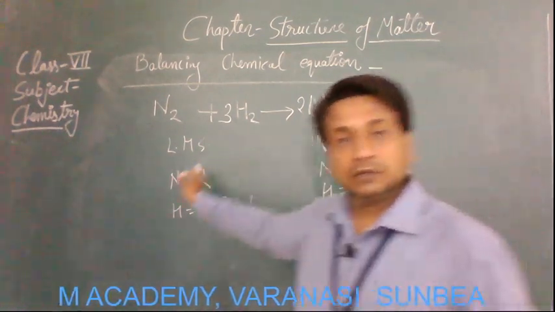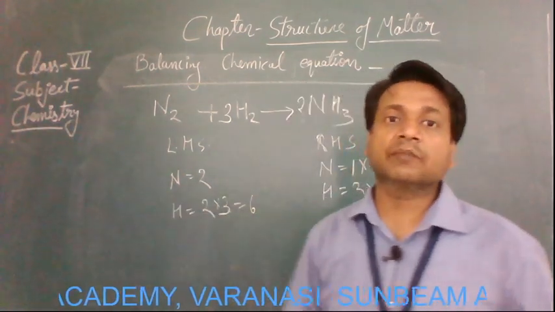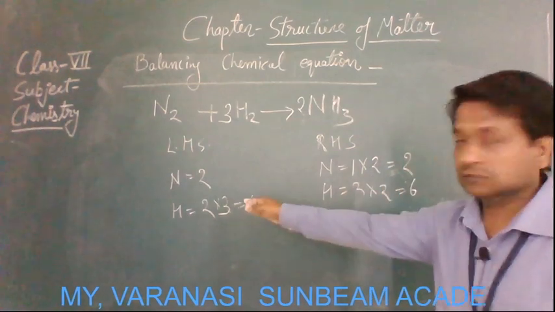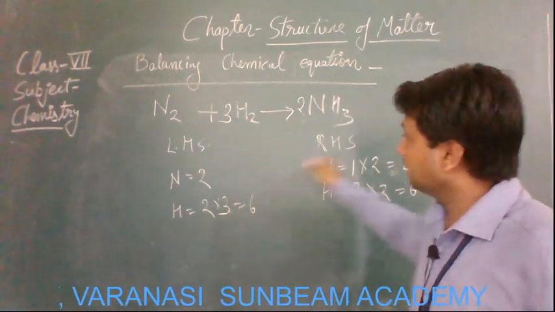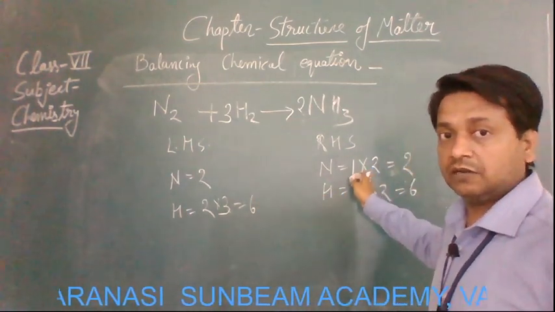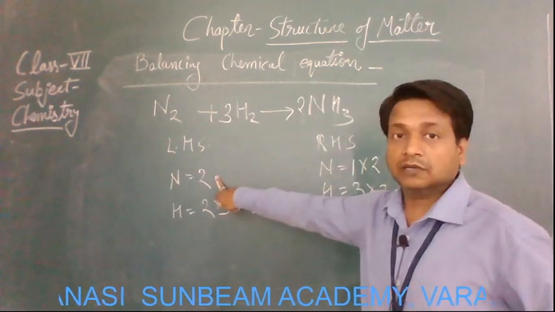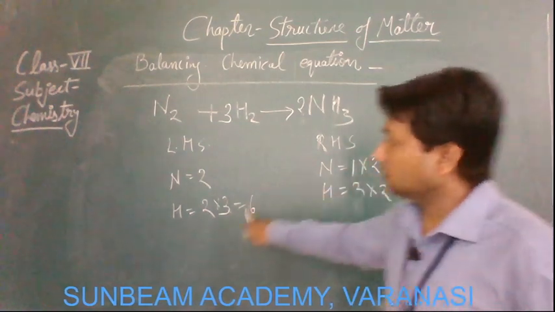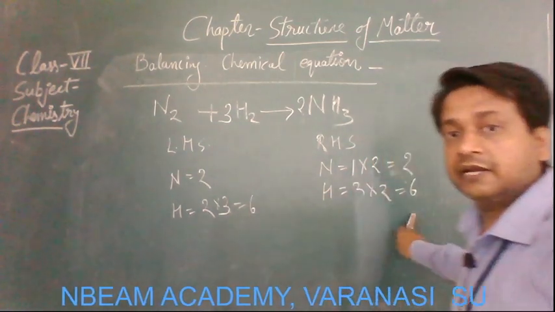And on the left hand side we already have the number of atoms of nitrogen as 2. Now just see both sides, left hand side and right hand side. Is it equal? Nitrogen: left hand side 2, right hand side 2. Hydrogen: left hand side 6 and right hand side 6.